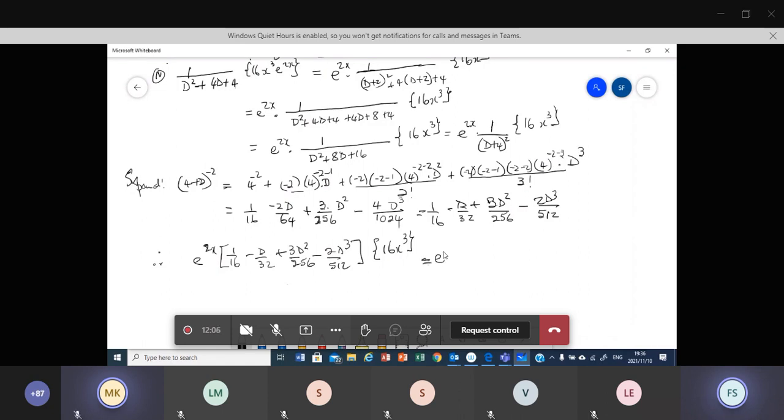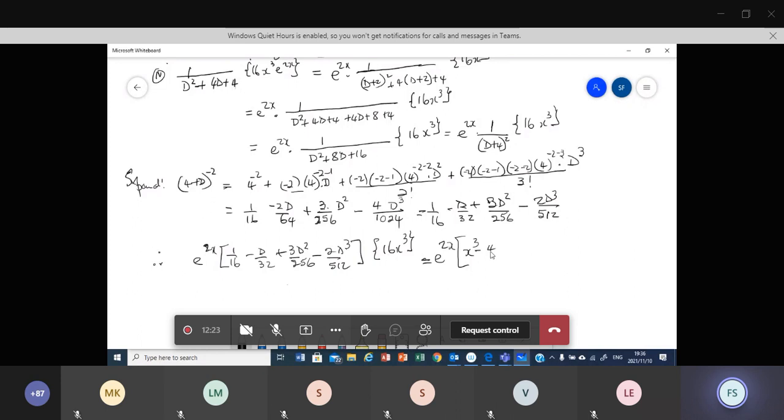That gives us e to the power 2x into 1 over 16 times 16x cubed. The derivative of x cubed is 3x squared, and 3 times 16 is 48.